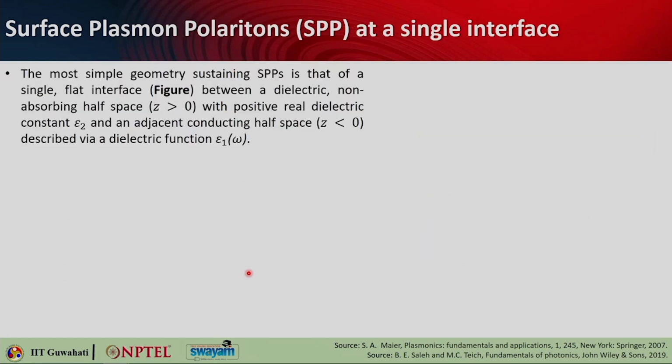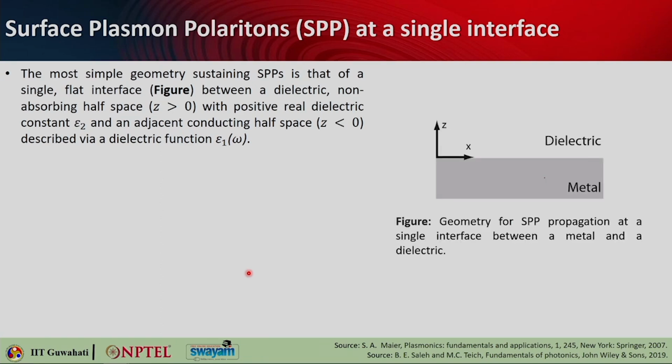Now let us take SPPs at a single interface. The simplest geometry that can support a surface plasmon polariton mode is a flat interface between a non-absorbing dielectric on one half, where we split the space with a boundary at z equals 0.